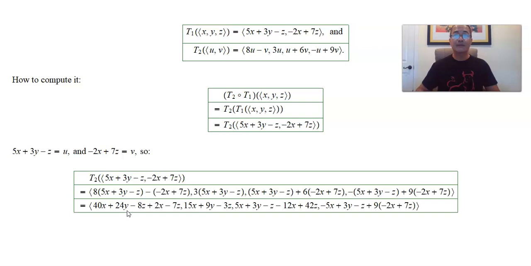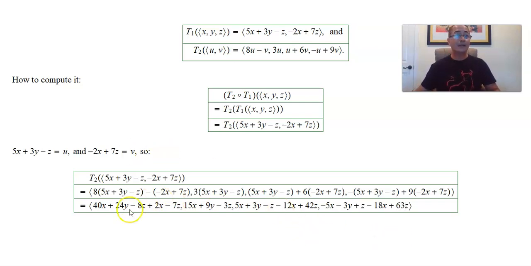This negative, be very careful, minus 5x minus 3y plus z. Okay, last parenthesis, 9 times negative 2, minus 18x, and 9 times 7 is 63.